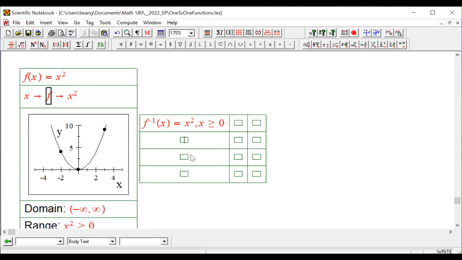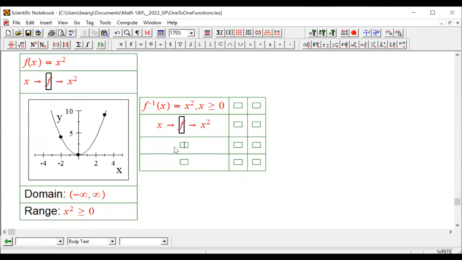The rules are the same, but the domains are different. The domain here is x greater than or equal to 0, like half of it. The ranges are still the same.